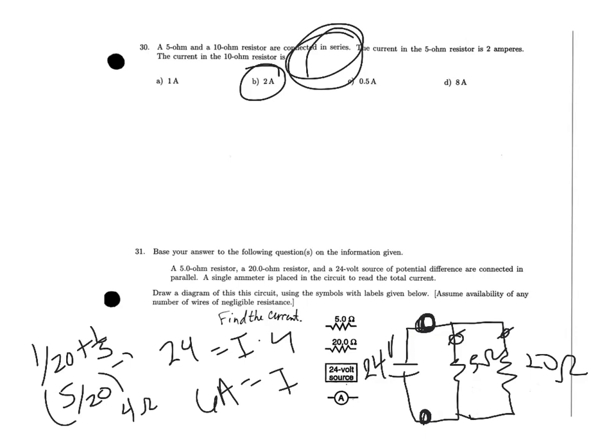If I did it that way, I would do 24 divided by 5 and find this path uses 4.8 amps. And this path uses 1.2, and if you add them together, look at that, you get 6 amps.